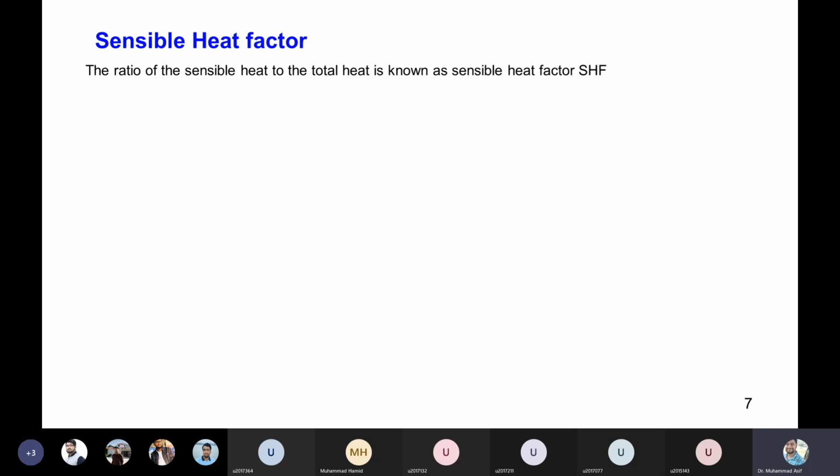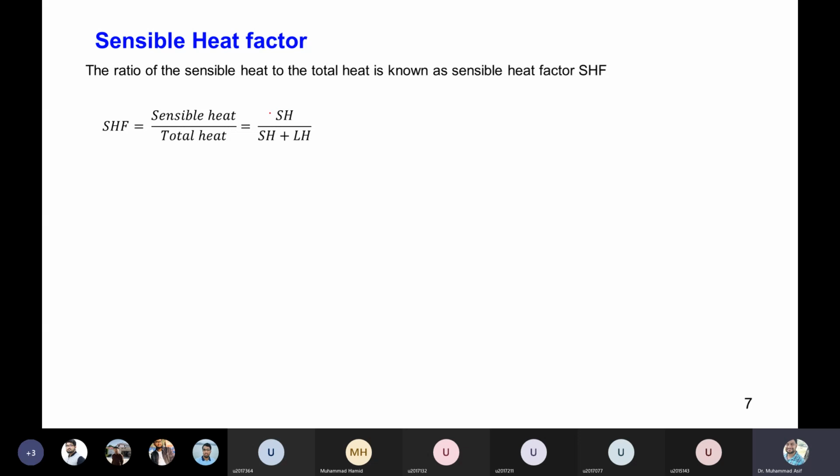So this is the ratio of the sensible heat to the total heat, called the sensible heat factor, SHF. Since the total heat is the sensible heat plus latent heat.